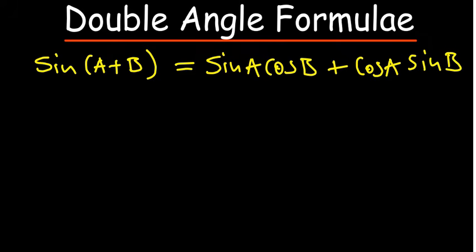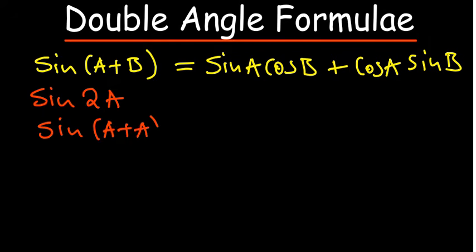Okay, so the double angle formula comes from all this. If we say sine 2a, for example, we understand sine 2a is the same as sine of a plus a. So apply the same principle.